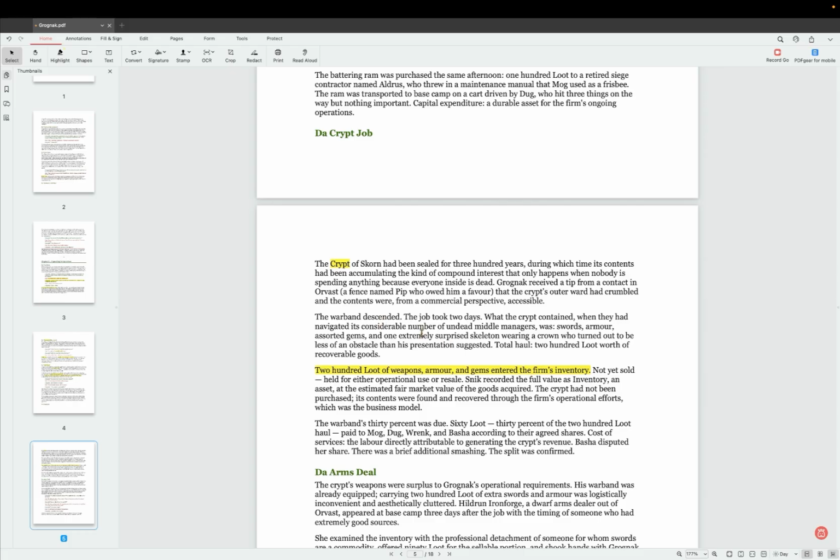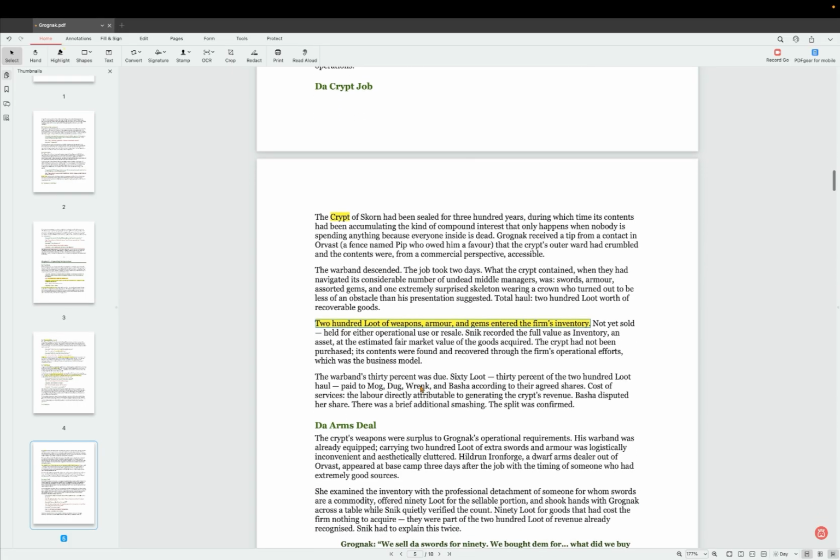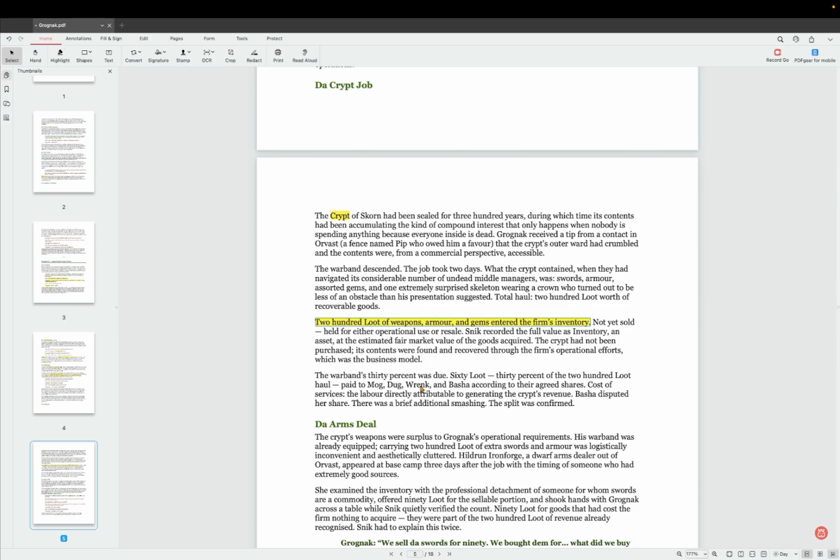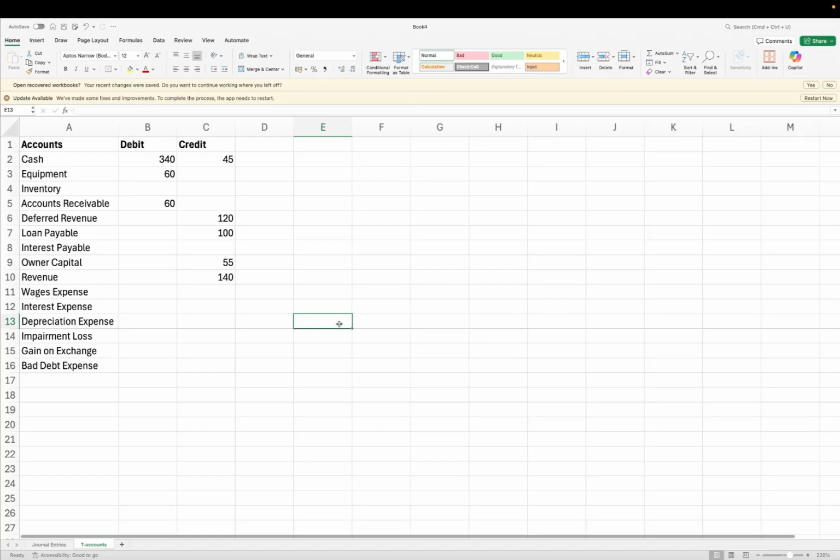These items are resources that the company now owns and can use or sell in the future. Because these goods are held by the company as a resource, they're recorded as inventory. Inventory is an asset account that represents goods owned by the business. So the company increases its inventory assets by 200.